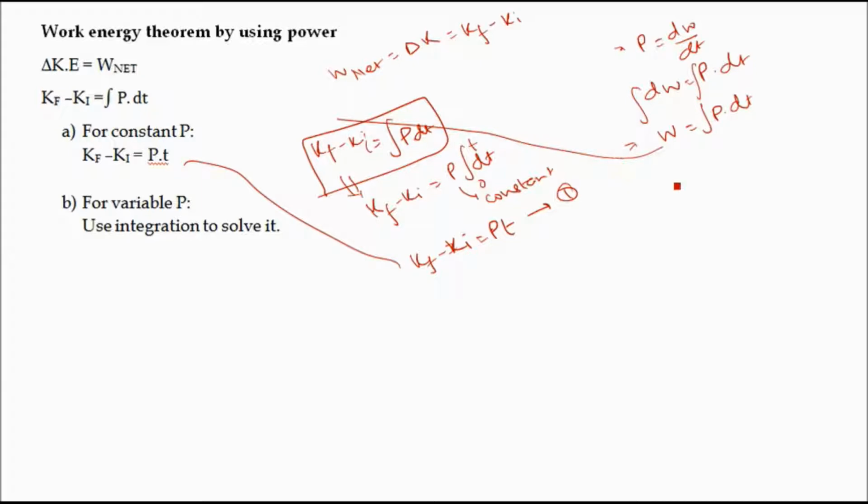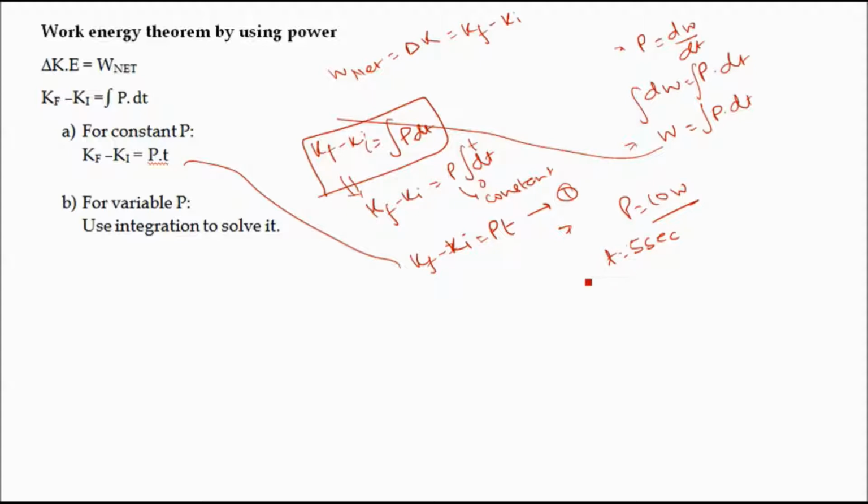So what is the example of this? Suppose a body is under the power 10 watt, and you have to calculate the change in kinetic energy during the time 5 seconds. So t is equal to 5 seconds, P is equal to 10 watt. Here the power is constant.